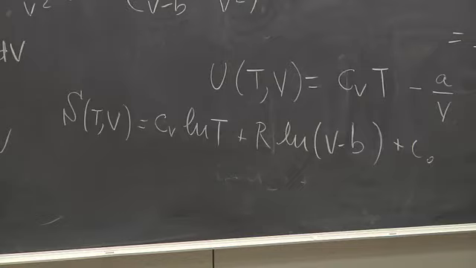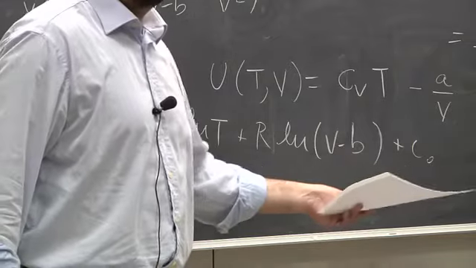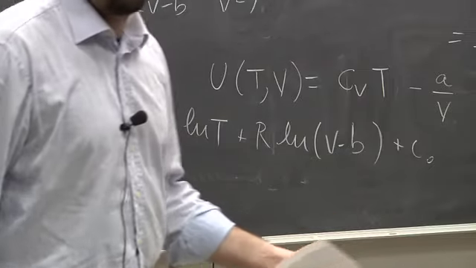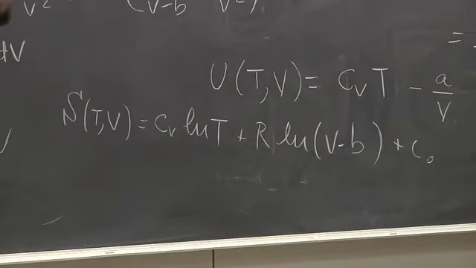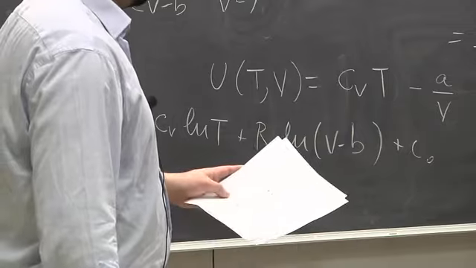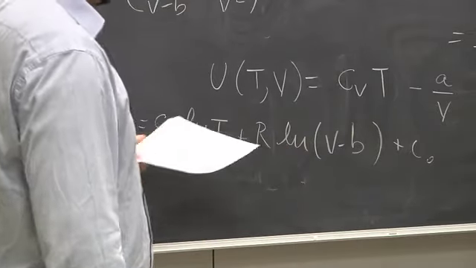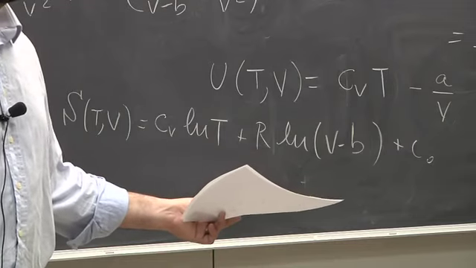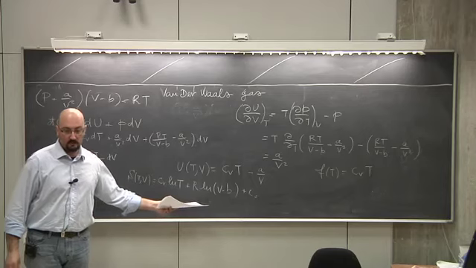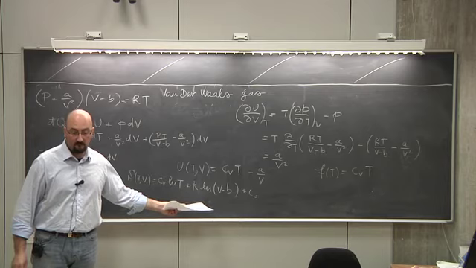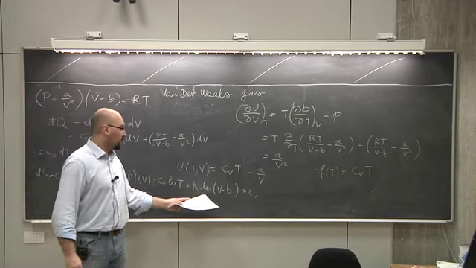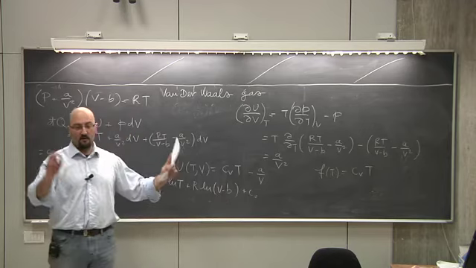This constant is dimensionful, again, because here we have log of T and log of V. But you see, there is just one difference with the ideal gas case. What is it? V minus B. Instead, for the ideal gas, we have V.